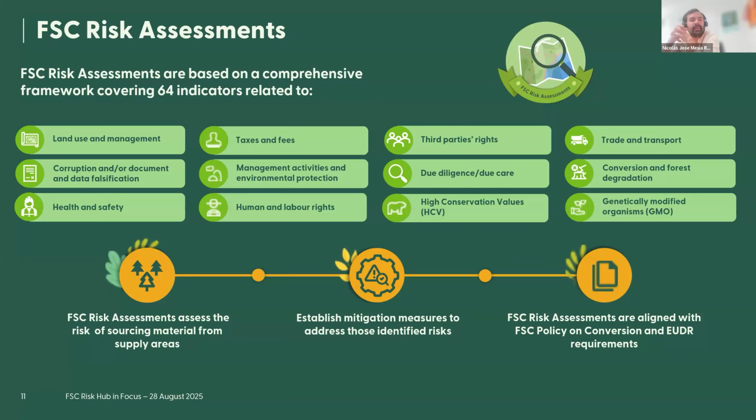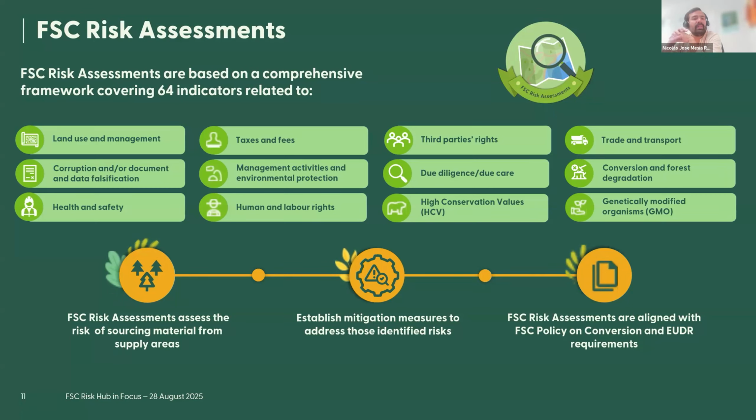So the framework contains, more specifically, 64 indicators covering a range of topics that involve environmental, social, and economic aspects of our organization and align with our values. As part of the revision of this new framework that we published last year, we not only align with the FSC policy to address conversion, but we also align our requirements with the EUDR.